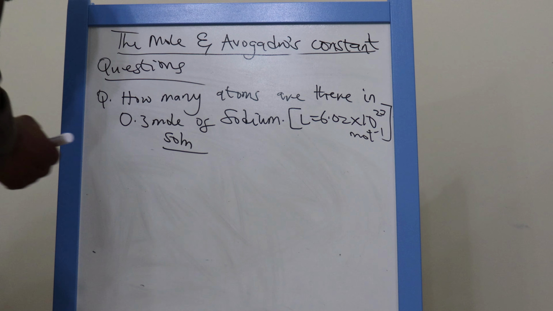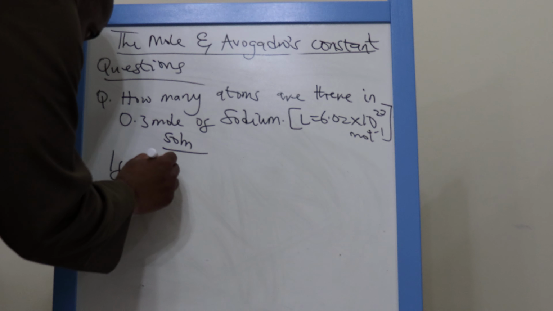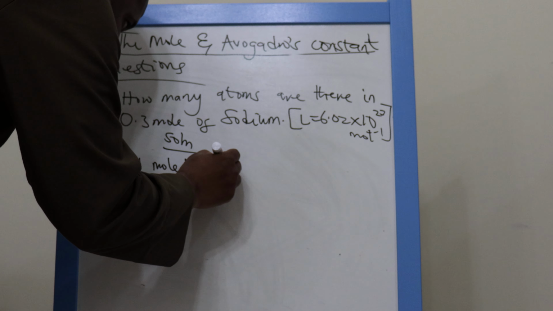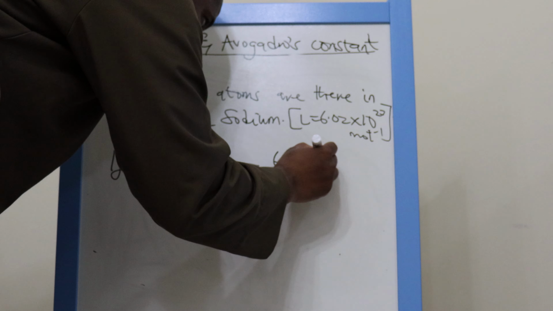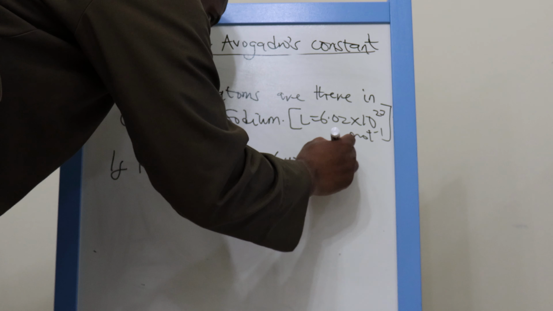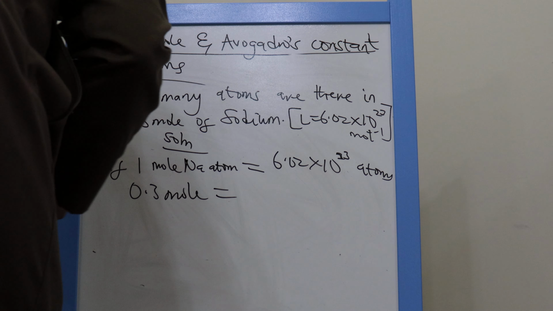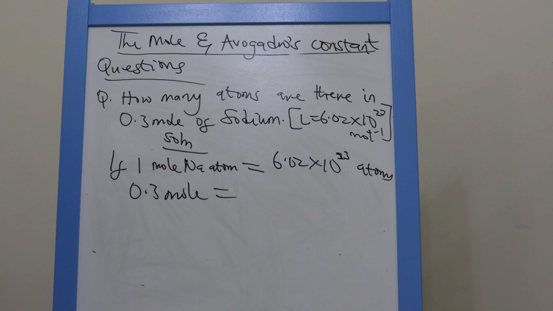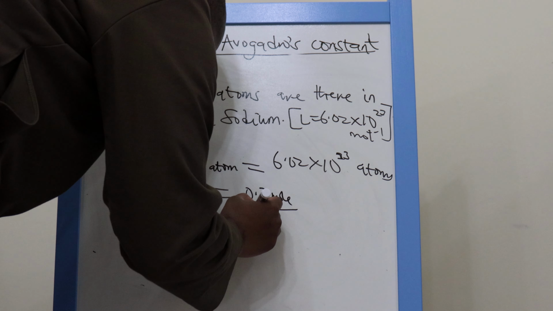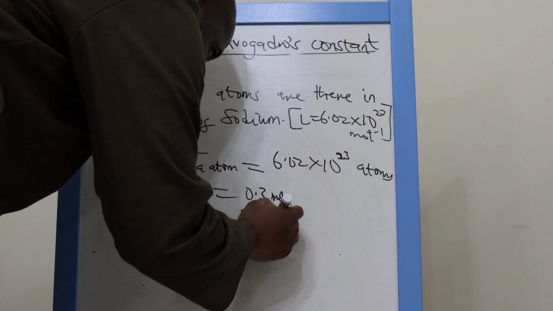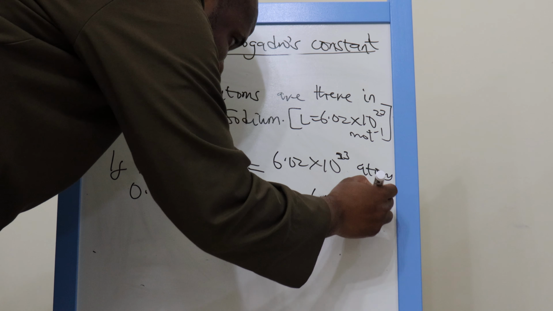If 1 mole of sodium atoms is equivalent to 6.02 times 10 to the 23 atoms, then 0.3 moles will be what? 0.3 mole divided by 1 mole, times 6.02 times 10 to the exponent 23 atoms.